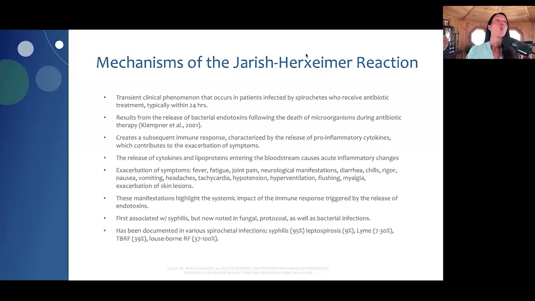So basically, when you have the killing of the bacteria, they release their endotoxin called an LPS. That endotoxin is going to increase the chemicals of inflammation, which is then going to make all of the symptoms worse. This is actually something that I take very seriously because the increasing of these inflammatory cytokines not only makes you feel worse, but it can actually be doing more damage to the cells in your body and causing mitochondrial damage.